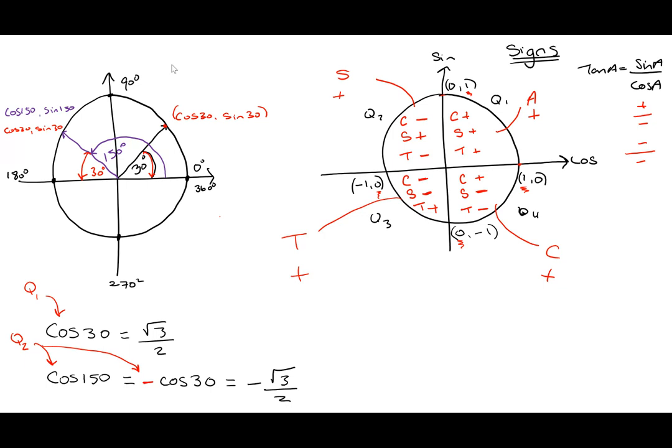If I look, for example, at, let's say I want to get sine of 330 degrees. First of all, 330 degrees, if I go up here, is in this section.